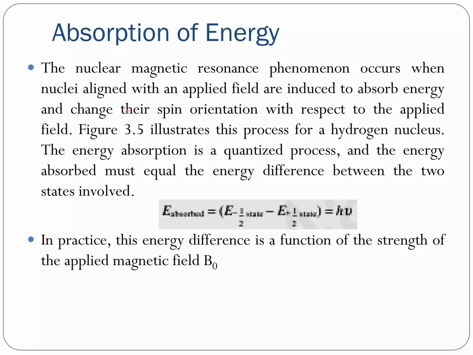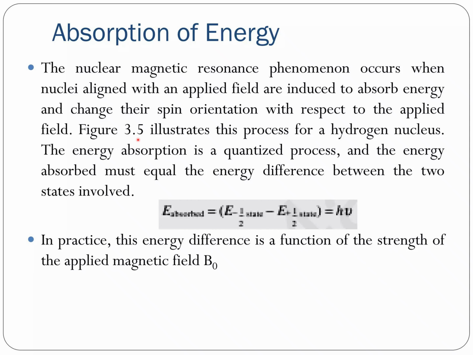So, absorption of energy: the nuclear magnetic resonance phenomenon occurs when the nuclei aligned with the applied field are induced to absorb energy and change their spin orientation with respect to the applied field. In practice, this energy difference is a function of the strength of the applied magnetic field.